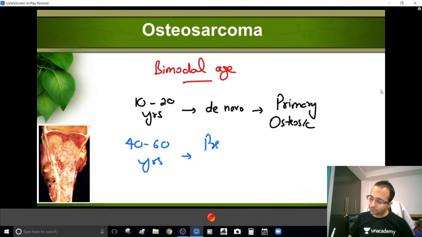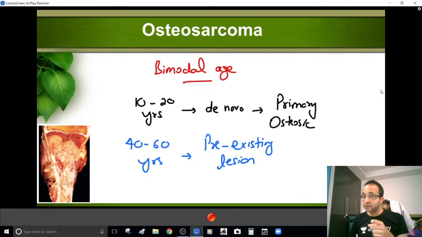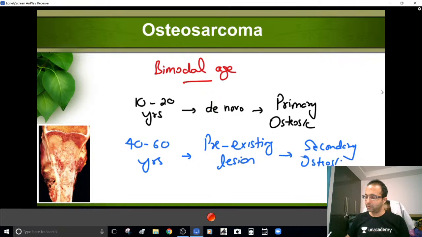And here it generally arises in a pre-existing lesion. Like osteoblastoma becomes osteosarcoma, a Paget's disease, you can have secondary osteosarcoma, radiations, too much of X-ray exposure, you can have osteosarcoma. That is basically secondary osteosarcoma. So that is very, very classical of this tumor. It's perhaps the only bone tumor that has a bimodal age distribution.